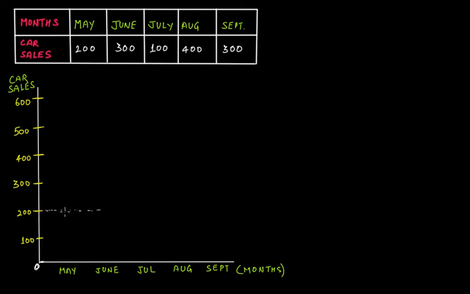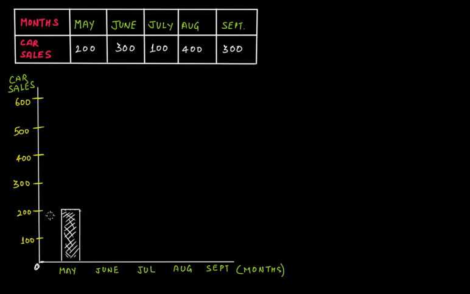And if I draw a bar here for this month of May, and if I want, then I can draw it like this, just to make a bar look more attractive. So for the month of May, we have a sale of what? 200.